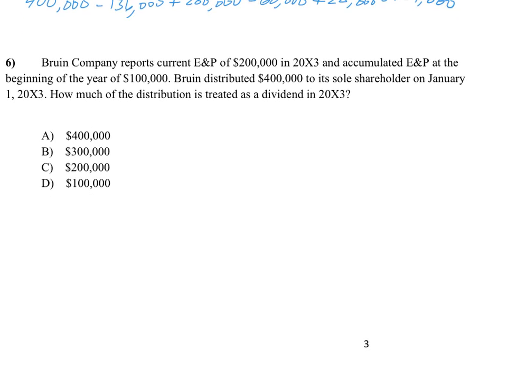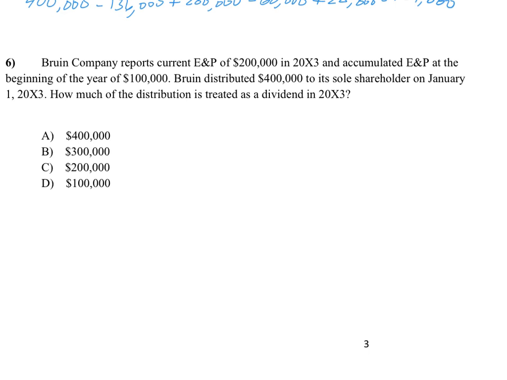All right, so now we've got the Bruin Company, and it's another computational question, sort of, okay? The Bruin Company reports earnings and profits of $200,000 in year 3 and accumulated earnings and profits at the beginning of the year of $100,000.